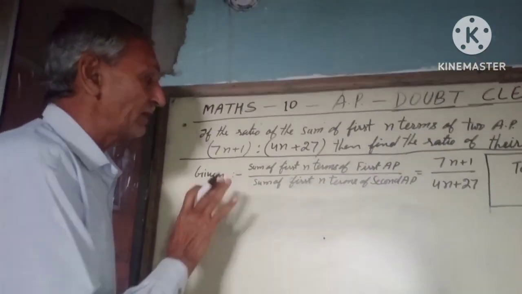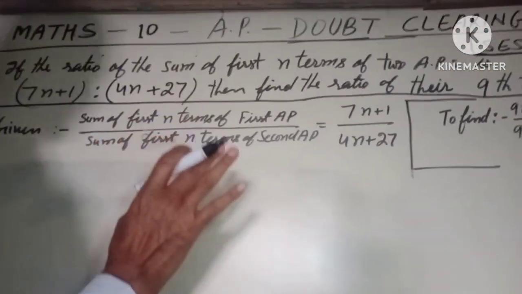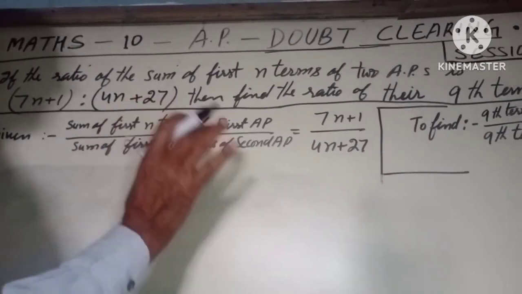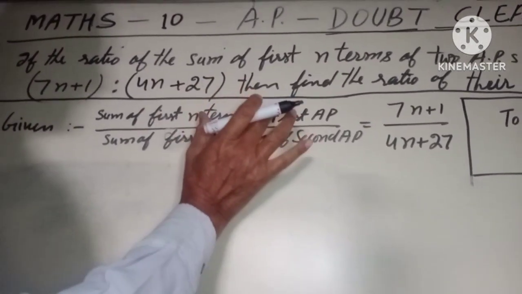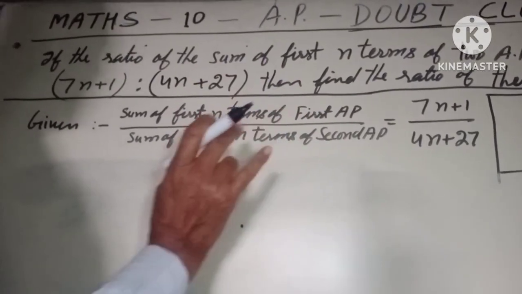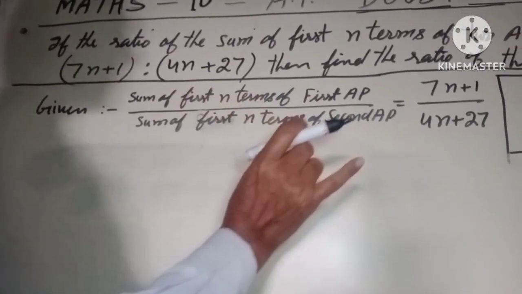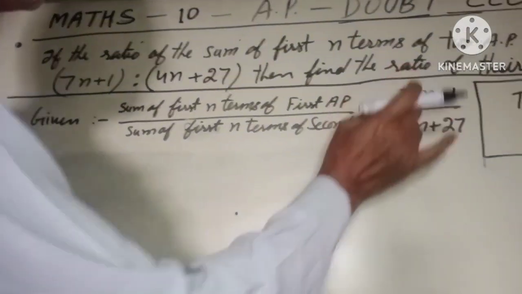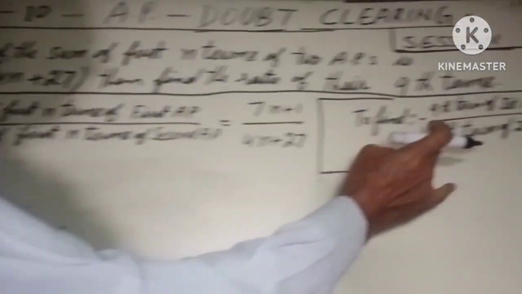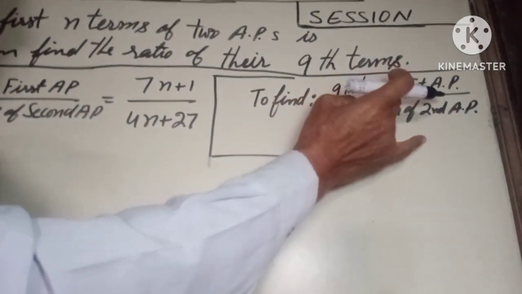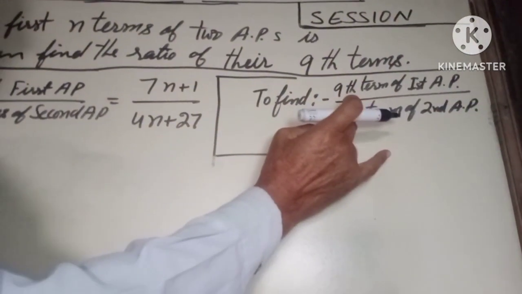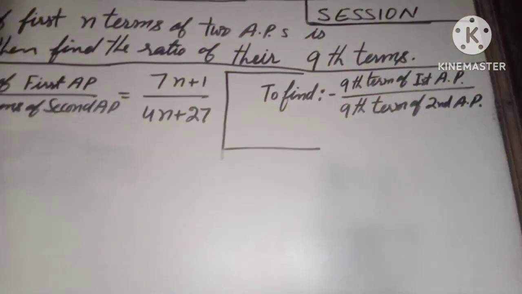Now we are given two ratios. The sum of first n terms of the first AP and sum of first n terms of the second AP. This is the ratio given, and we have to find out the ratio of the ninth term of the first AP and ninth term of the second AP.